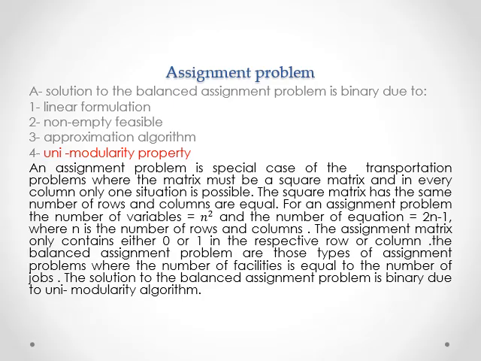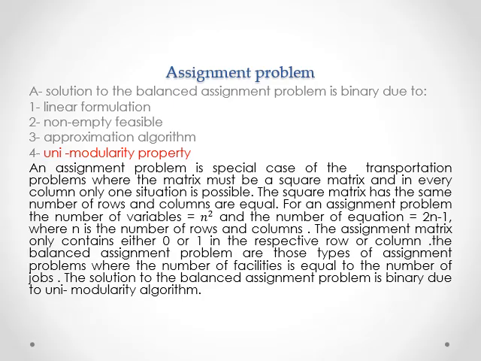An assignment problem is a special case of the transportation problems, where the matrix must be a square matrix, and in every column only one situation is possible. The square matrix has the same number of rows and columns.